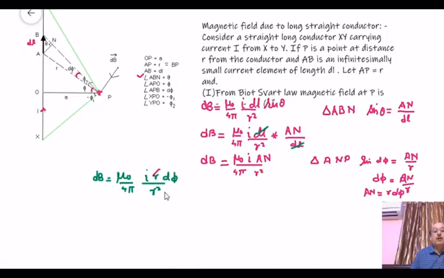So r and its square will cancel here. So dB is equal to mu naught by 4 pi, I d phi by r.